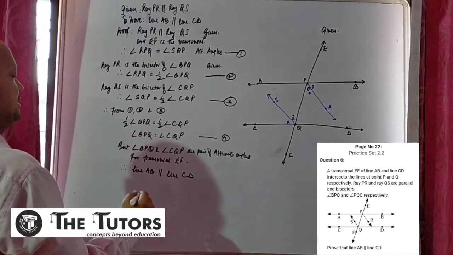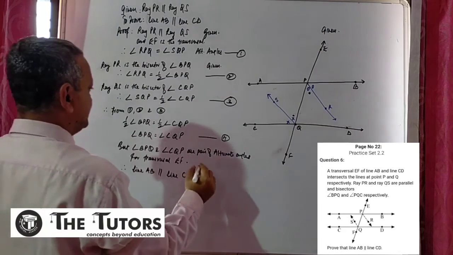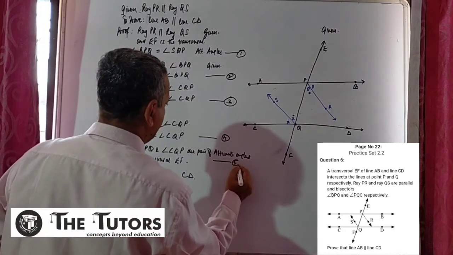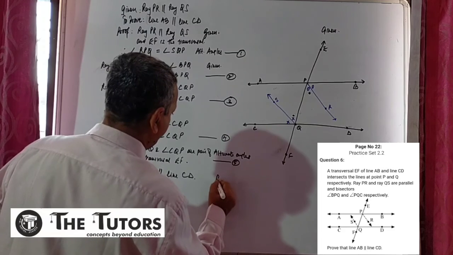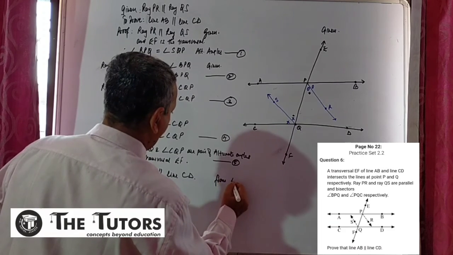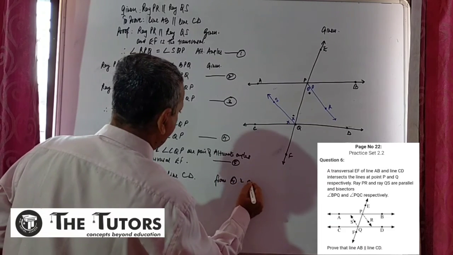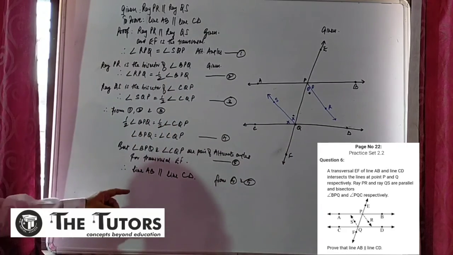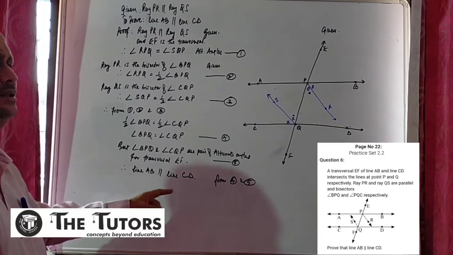Therefore line AB is parallel to line CD. Suppose we give this the 5th, from 4 and 5, line AB is parallel to line CD.